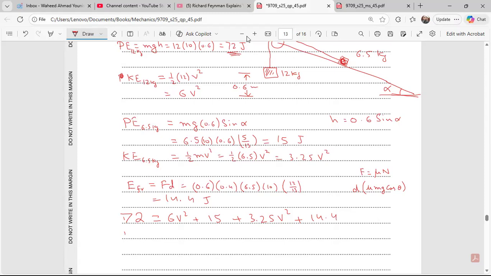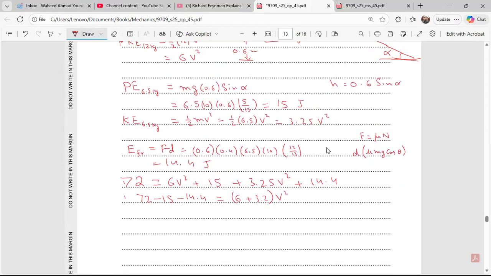Okay, so you can see this is 72 minus 15 minus 14.4 equals 6 plus 3.25, times v squared. Okay, I hope this is all clear.